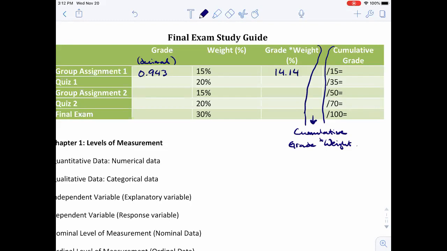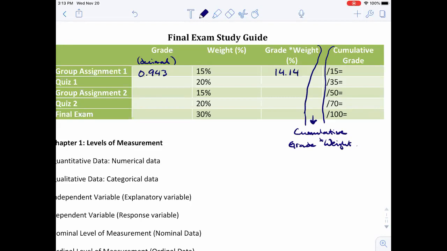Okay. All right. So, and then you would go so on and so forth. Your cumulative, bless you, your cumulative grade times weight, right? You would add up how much of your grade you have at that point, and then you could find it as a percentage. Right? Your total grade on Moodle right now is this one here, right? So you would divide it by 70% to see where you're actually at, right? Or divide it by 70.